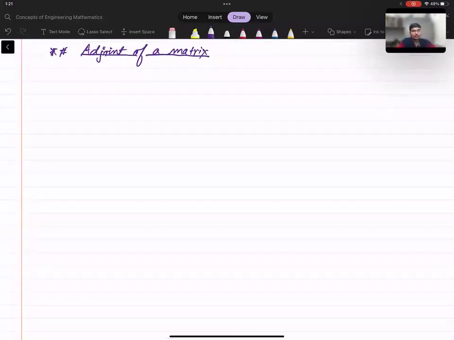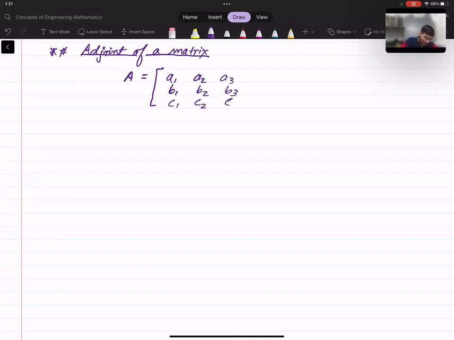So suppose we have a matrix A, a square matrix. It should firstly be a square matrix. Then only we can find the adjoint and we can invert the matrix. Okay. So if we have a square matrix A, which has elements like A1, A2, A3, B1, B2, B3, C1, C2, and C3.